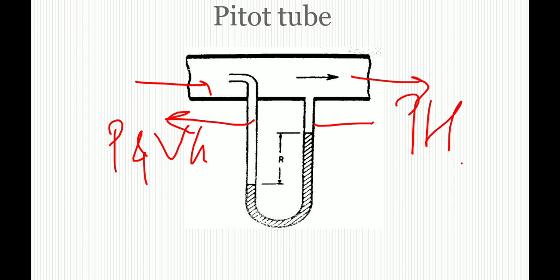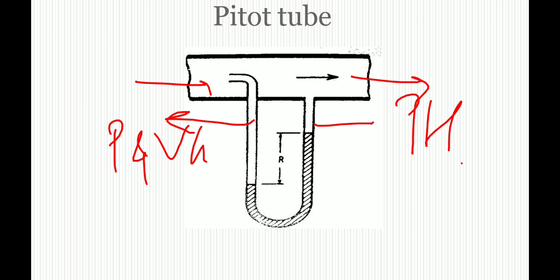So now let's talk about the construction. Pitot Tube is also known as the insertion meter. So the size of the sensing element is small compared to the size of the flow channel. The point of the measurement may be at the center of the channel. So one tube is perpendicular to the flow direction, and the other tube is connected parallel to the flow of fluid.